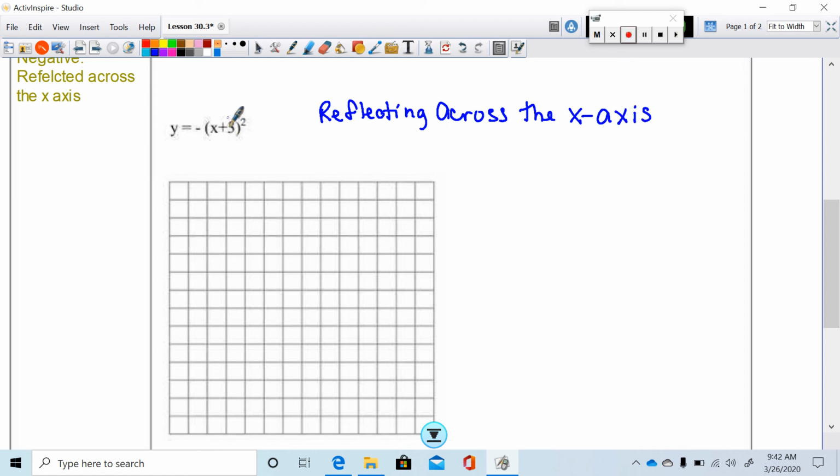And then I have parentheses, so this plus 3 means it moves to the left 3 units. Okay, and then that's the end of the equation. So that's all that's going to happen to this in relation to the parent function.